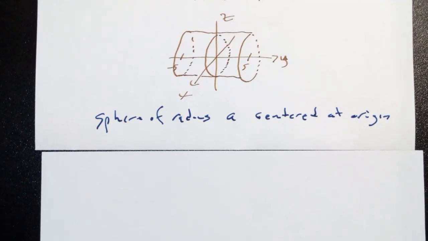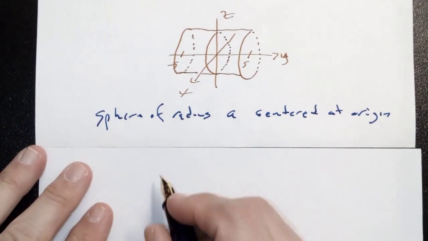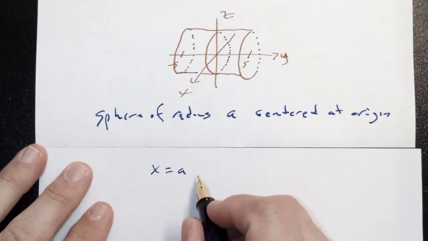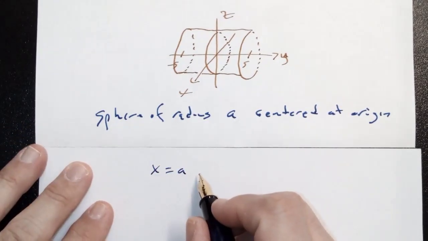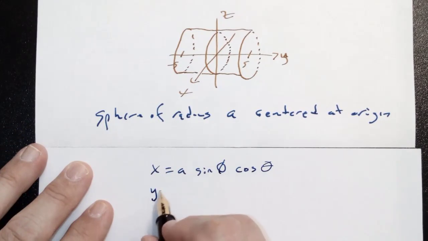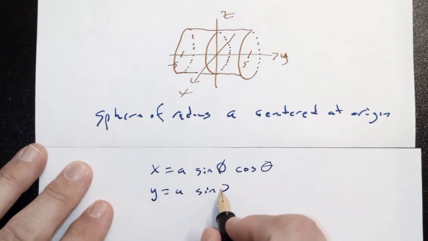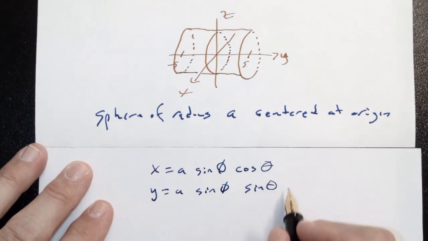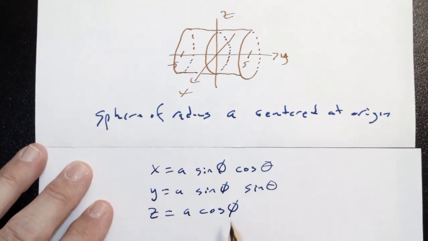But I also think we could use our spherical coordinates, right? And if I use spherical coordinates, x equals, now I have to remember what it is, a sine phi cosine theta. Y equals a sine phi sine theta. And z equals a cosine phi.